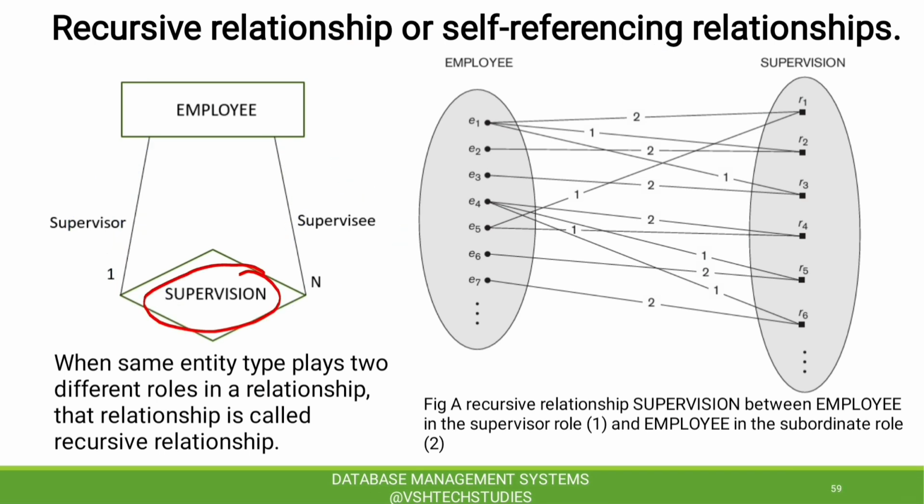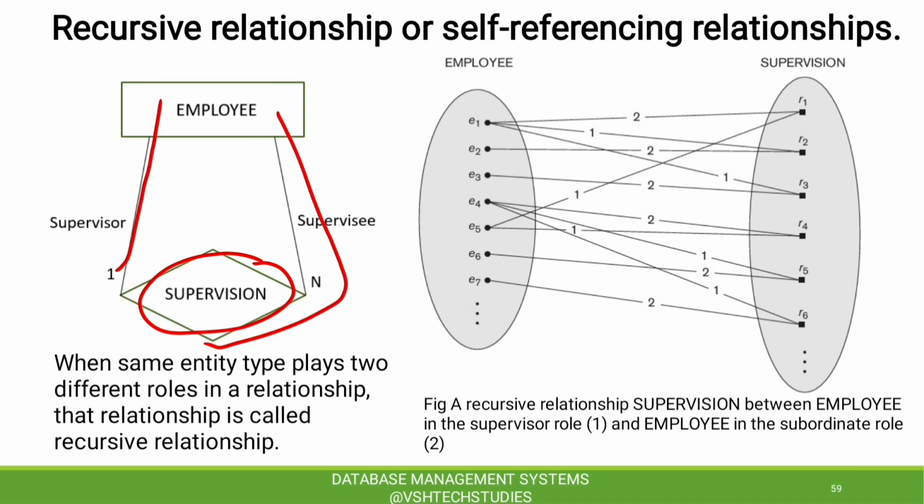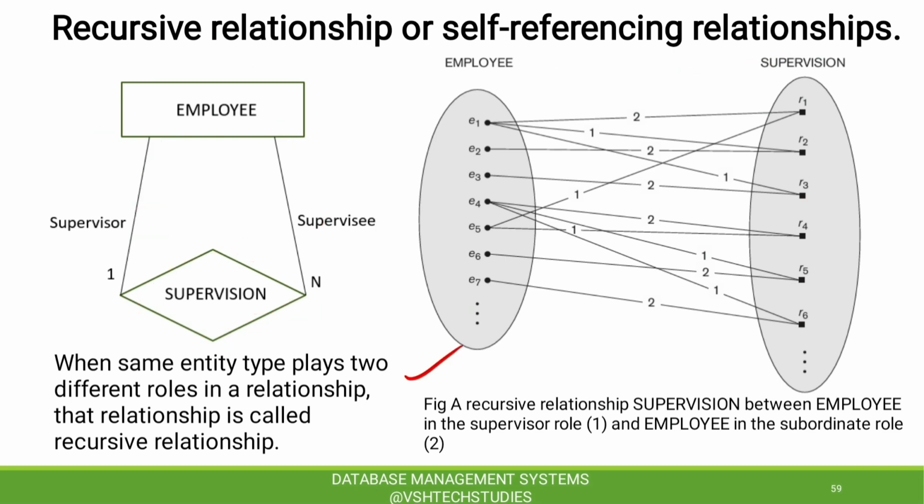Any relationship in which the same entity type participates twice, playing two different roles, that kind of relationship is called a recursive relationship or self-referencing relationship. The same can be seen in this figure.